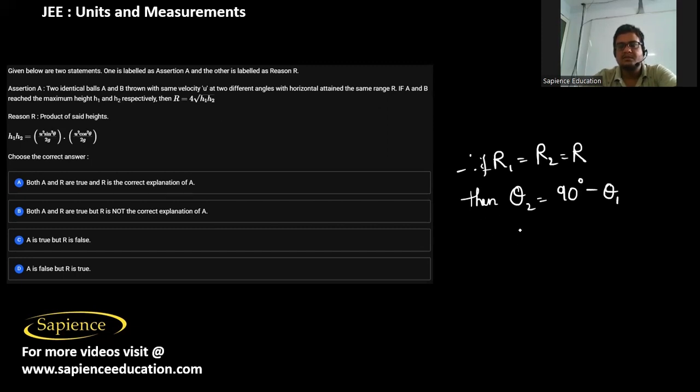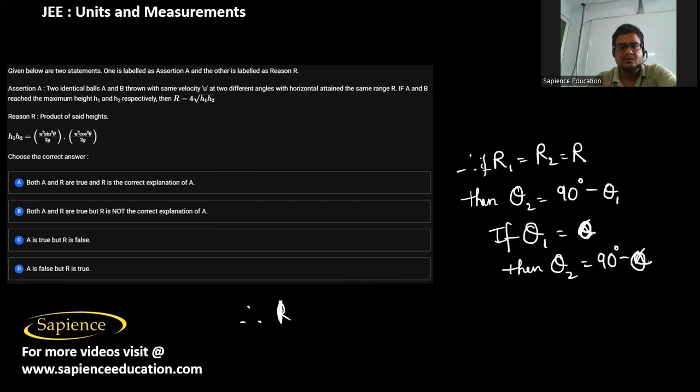It means that if the angle of projection of the first ball is alpha, then the angle of projection of the second ball will be 90 minus alpha. Or I can say if this is theta, then this will be 90 minus theta.